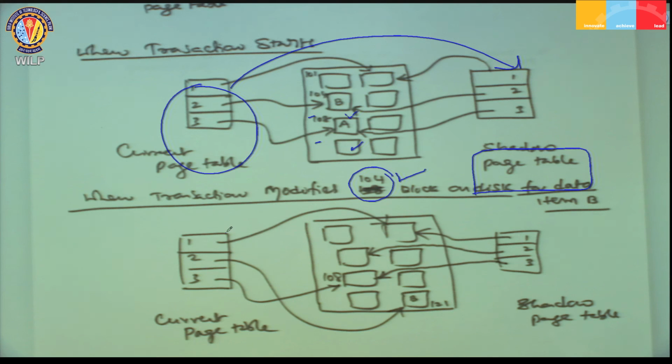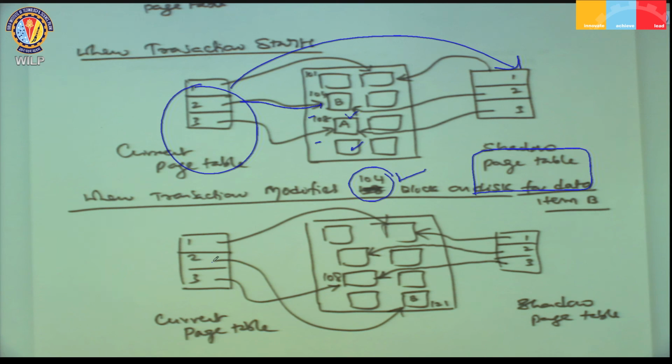Okay. So page table 1 is the same, but since the disk block 104 is now modified, instead of writing the modified data values onto the same location, it will find a new empty location. Earlier, page 2 of the database was pointing to 104.